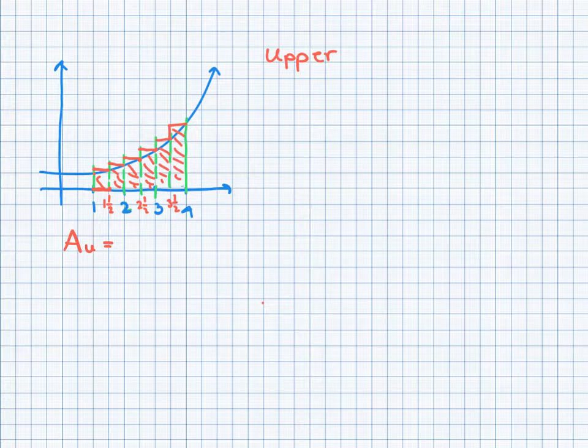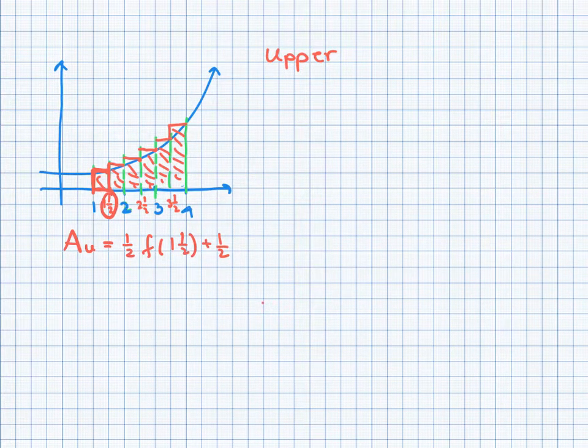AU is equal to, we have half times f of, now this is the height, this one here, this is the height when x is equal to 1.5, so it's f of 1.5, plus half.